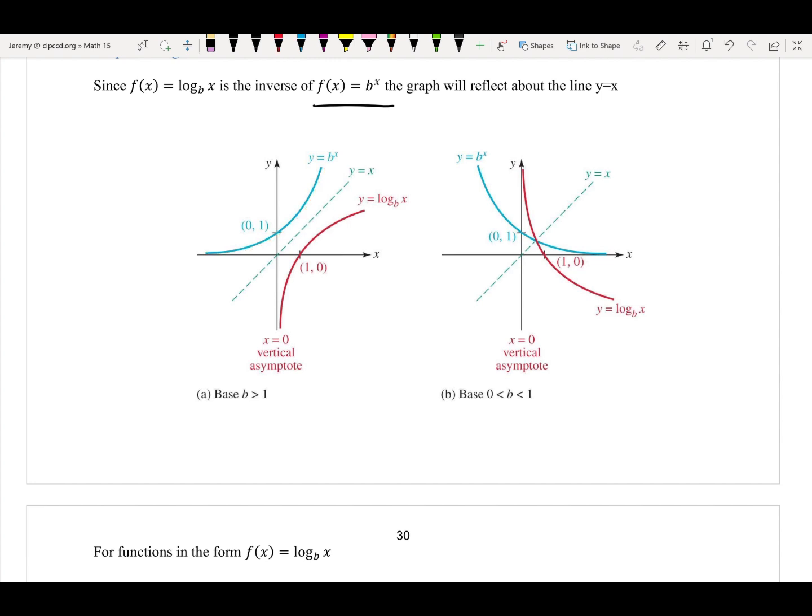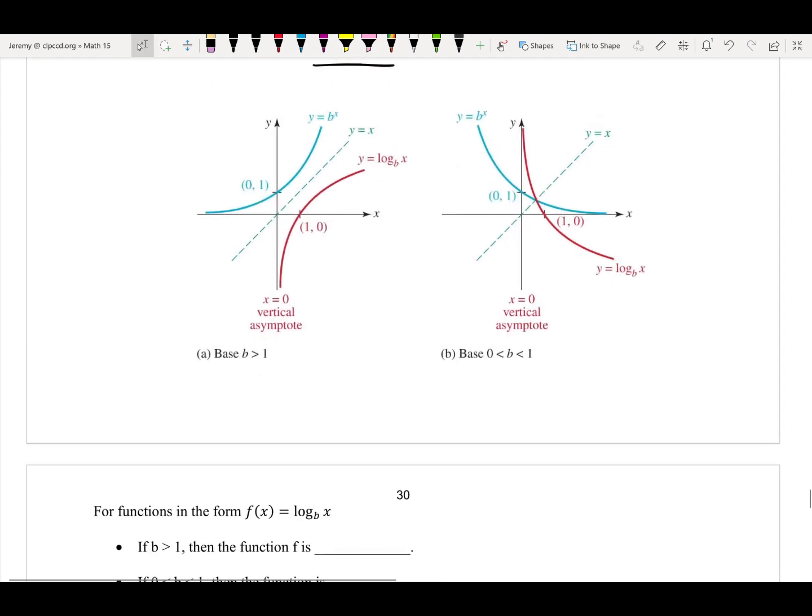Now, if we have our base b between 0 and 1, think of that graph of like 1/2 to the x that we did back on page 26, I think. And we have a decreasing exponential function. The associated logarithmic function will look like this. It'll also be decreasing, but the shape will sort of look like that.